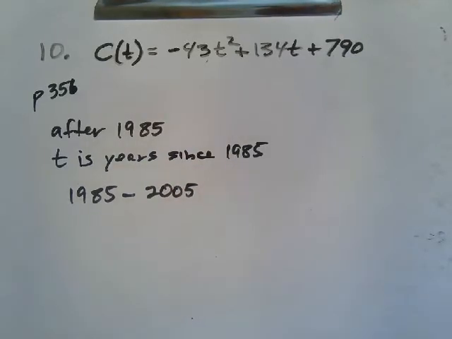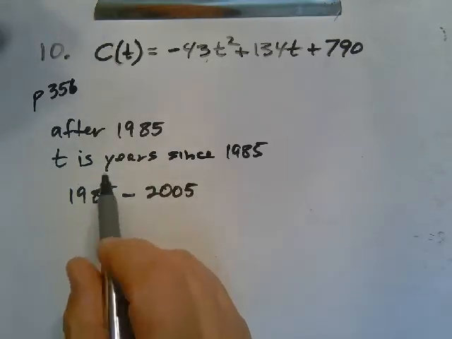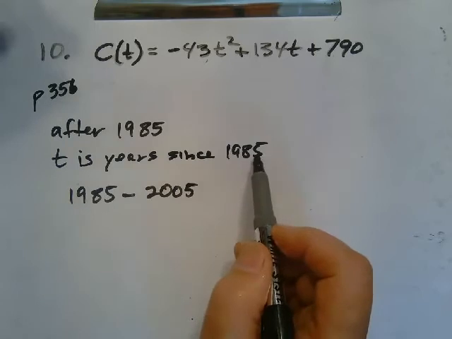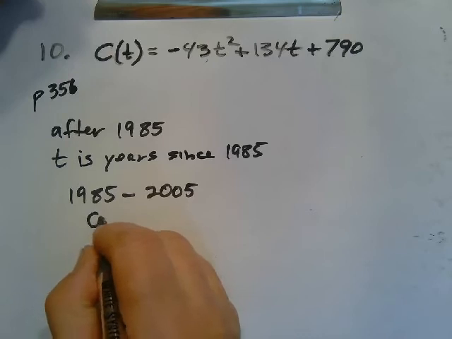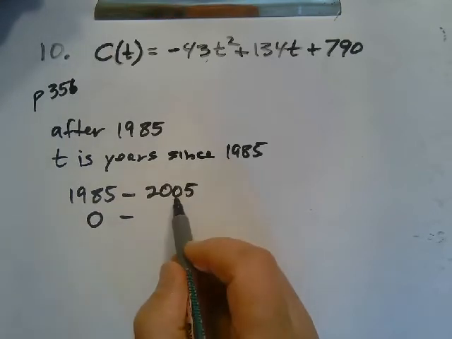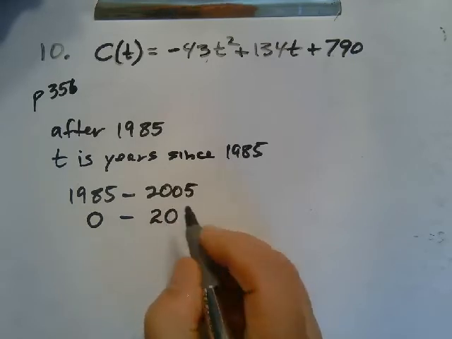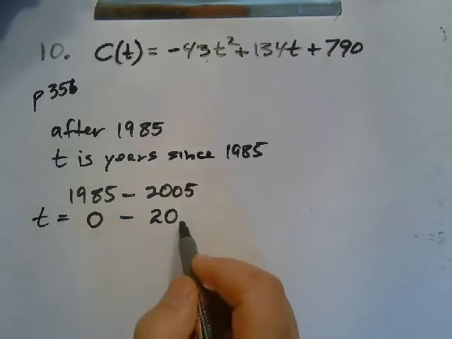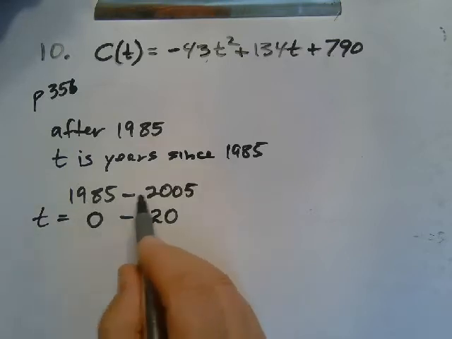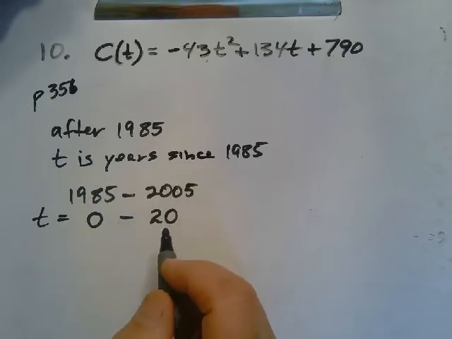Well, the first thing we're going to have to do is convert 1985 to a different number, because this is years since 1985. So in 1985, years since that would be 0, and the year 2005, well, that's 20 years later. So we are going to graph this from years when t is 0 to 20. That'll be 1985 will be 0, and 2005 will be 20.